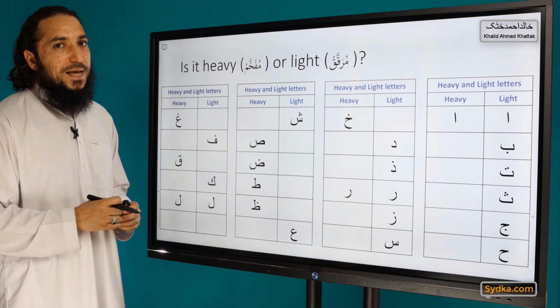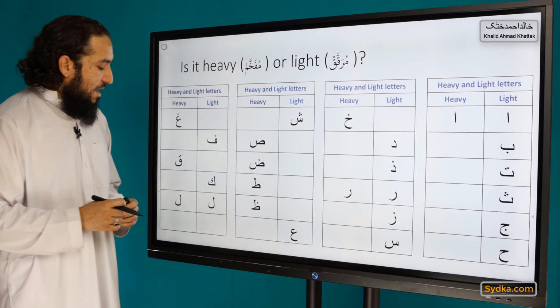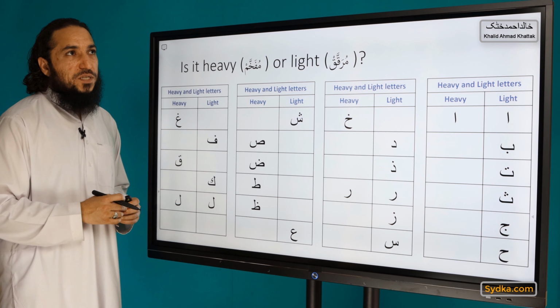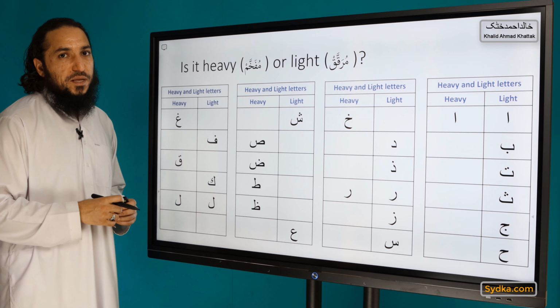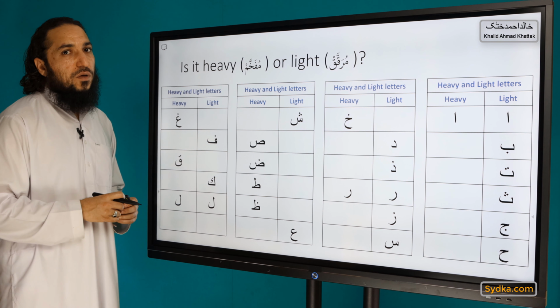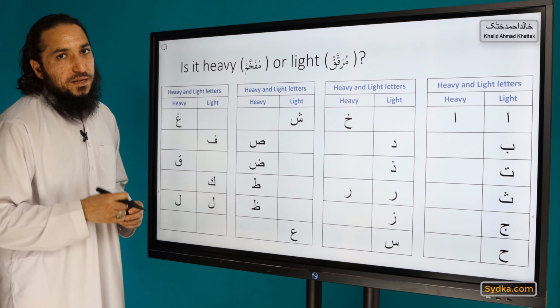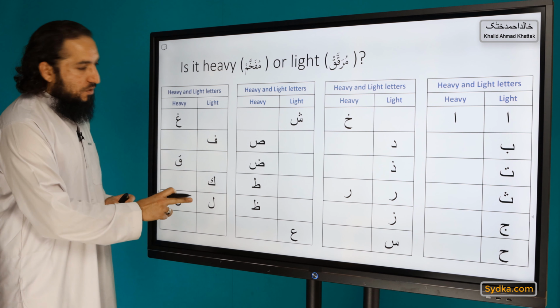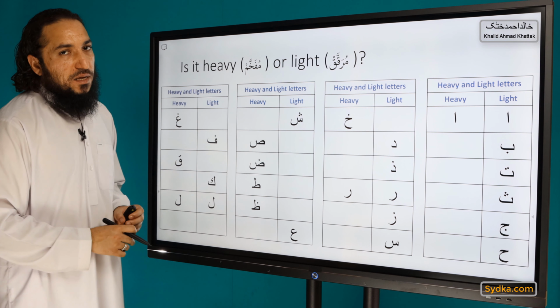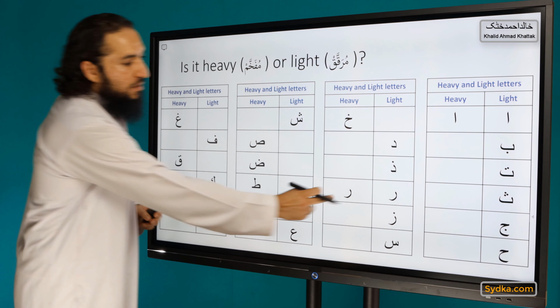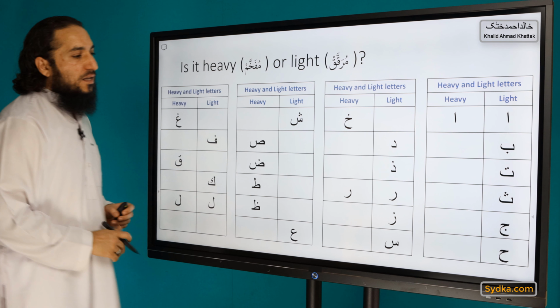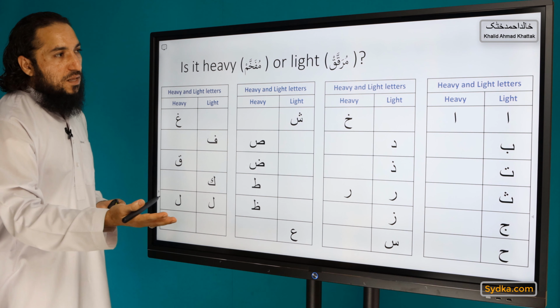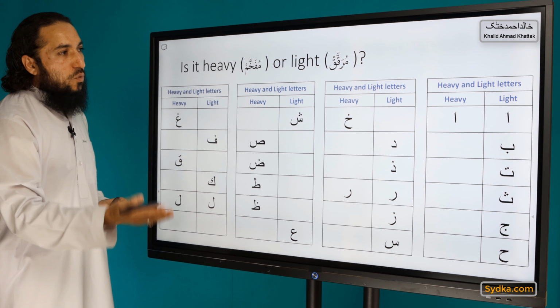L, lam, L, L. If it's heavy, for example Allah, then it doesn't remain in that position. Allah, Allah, and illa is again light. So this is one of the letters that has both properties, like lam, ra, and alif. They can have sometimes lightness and sometimes heaviness.